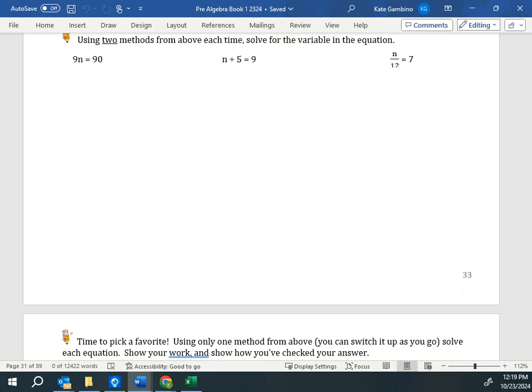So tell me what to write. 9 times another is... So 9 times what number? So remember, we're asking that question. 9 times what number is 90? Logically, we can say, I know it's 9 times 10 is 90, right?